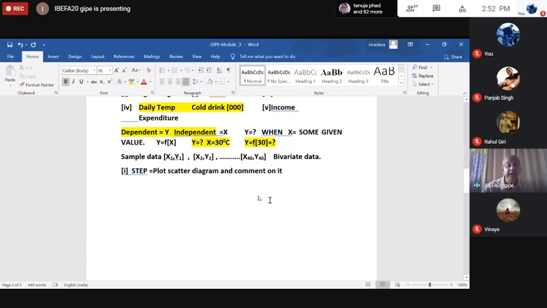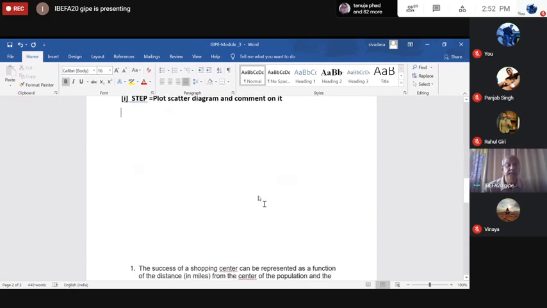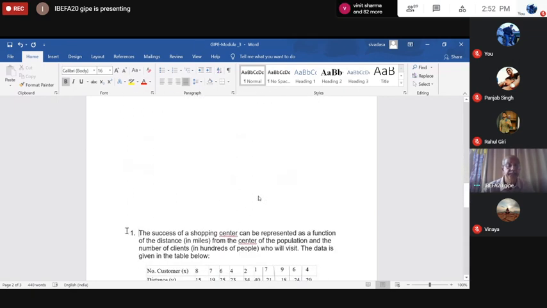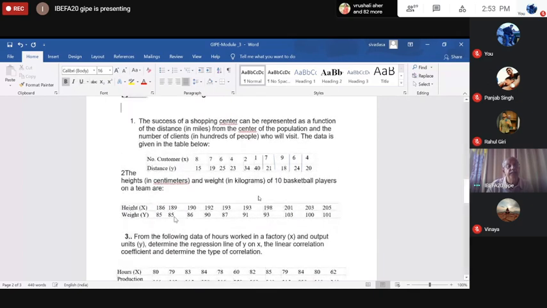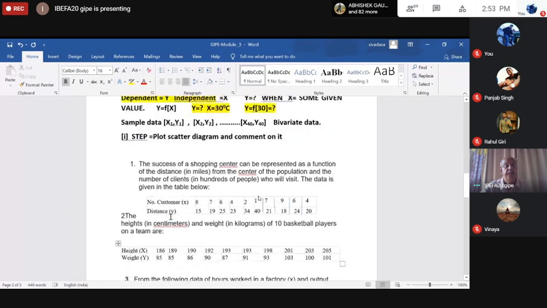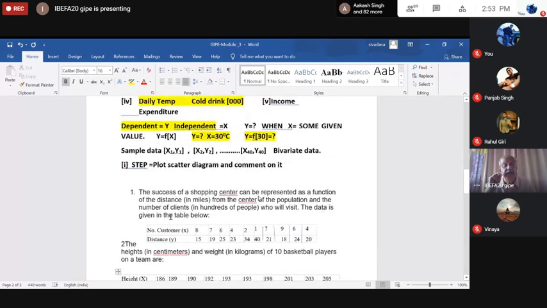We have the data in handout 3. And this first question is the one that I'm going to start.